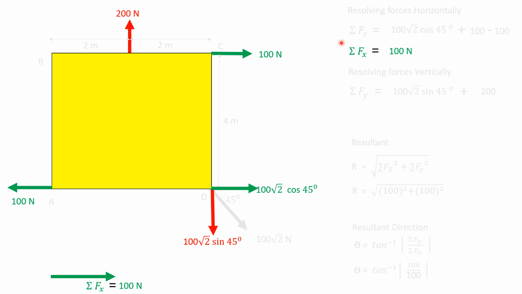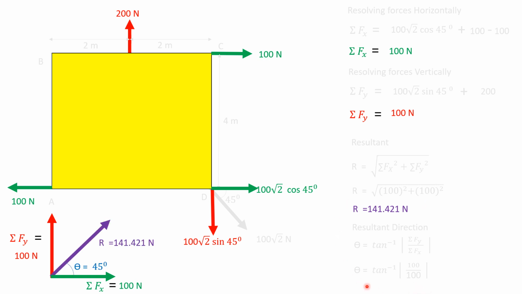Summation Fx and summation Fy values both are positive, so resultant is located in the first quadrant making 45 degrees to the horizontal.